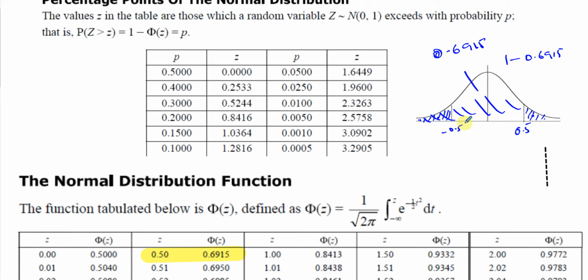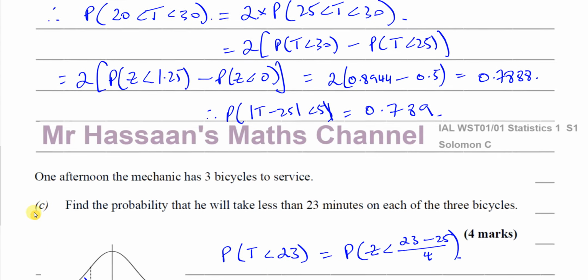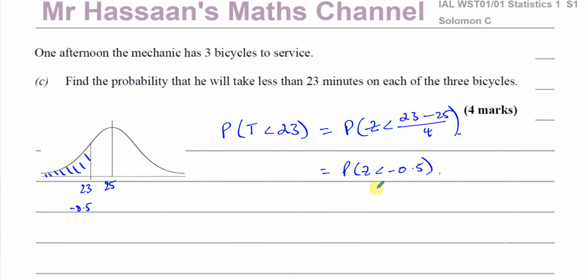Values where the standard deviation is below the mean. So 0.6915 is what I get from the table, and 1 minus that is what I need. Let's write this out properly. The probability that Z is less than minus 0.5 is the same as the probability that Z is greater than 0.5, the same as the area on this side.